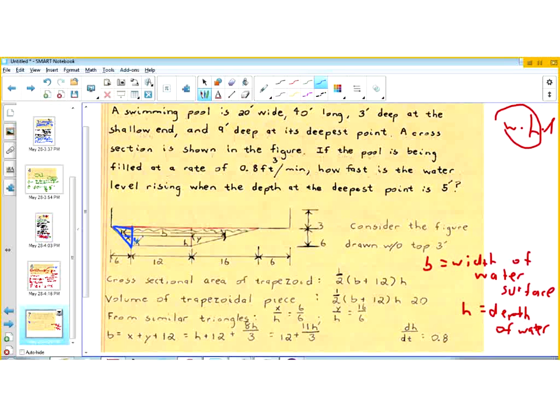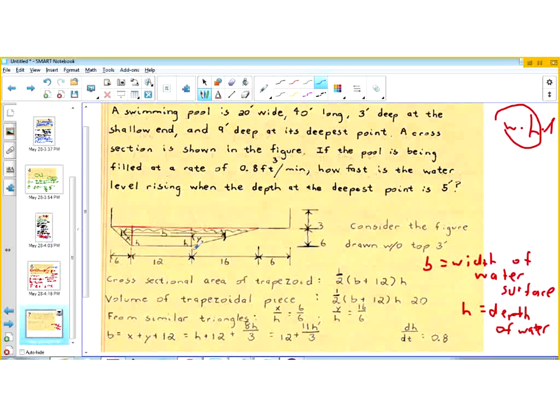We have X being this distance and H being this distance. X is to H as the base, that distance right there, which is 6, is to this distance, which is 6. So X is equal to H in this triangle that you can cut out of the trapezoid.